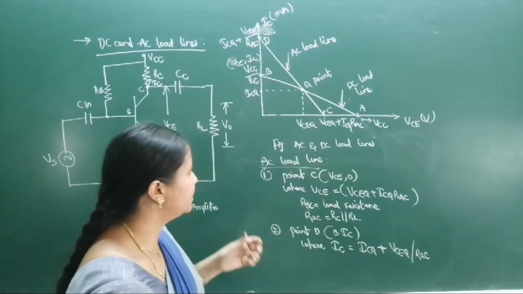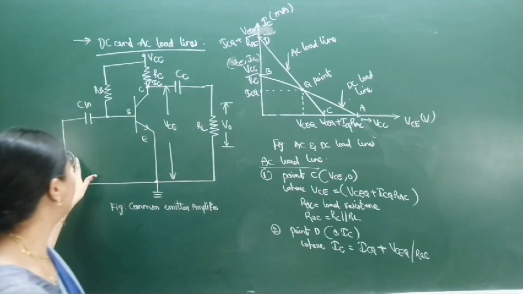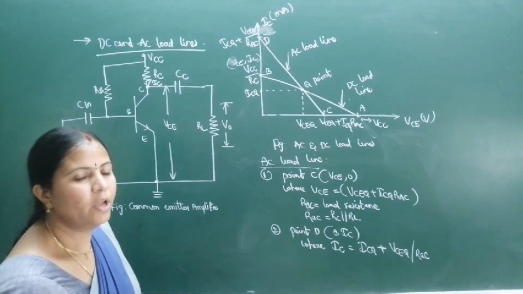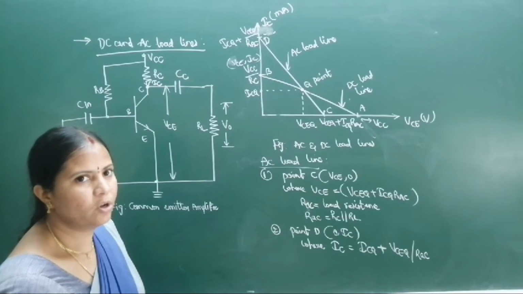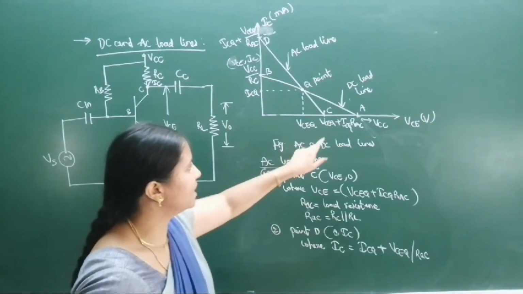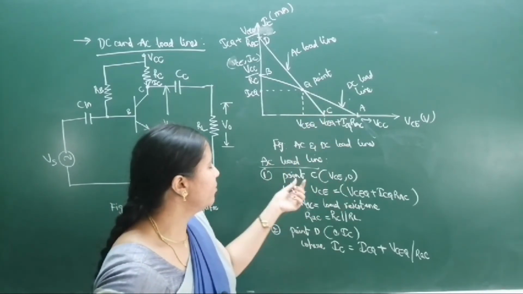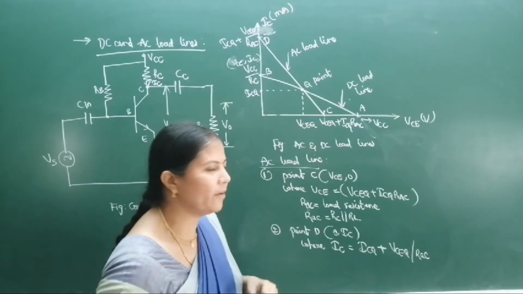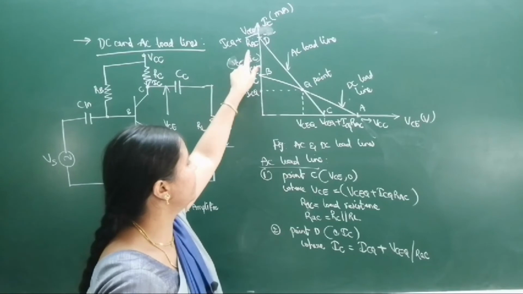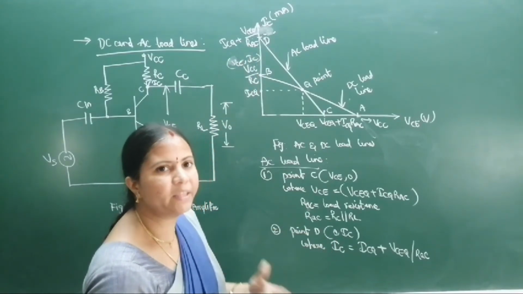The AC load line exists when we are applying the input signal Vs to this transistor CE amplifier. So the AC load line will be established when we are giving the input signal. For this, the point C is VCE comma 0. That means in order to evaluate the point C, we have to consider IC equal to 0. In order to get the point D, we have to consider VCE equal to 0, when we are applying the input signal.